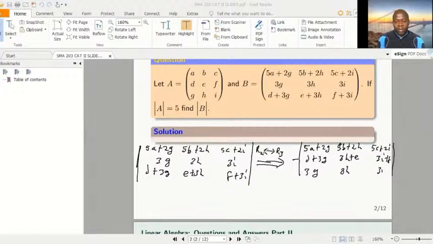Now, I've just interchanged row 2 and row 3, and you can see the effect of that is that I have a minus outside. The sign of the determinant changes.